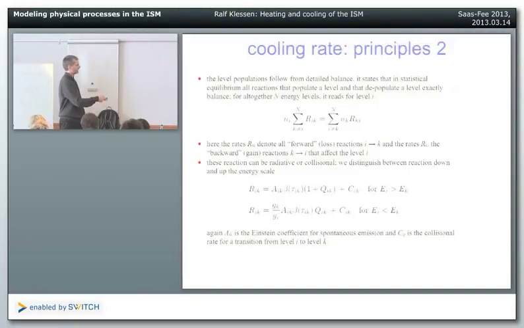So this is the radiative part and this is the collisional part. So in what follows, C are collisional rates and A are the radiative rates. So here again you have something like an effective transition probability. Here you have the escape probability. And you need to take care whether you go down to lower levels or whether you come from lower levels and go up.